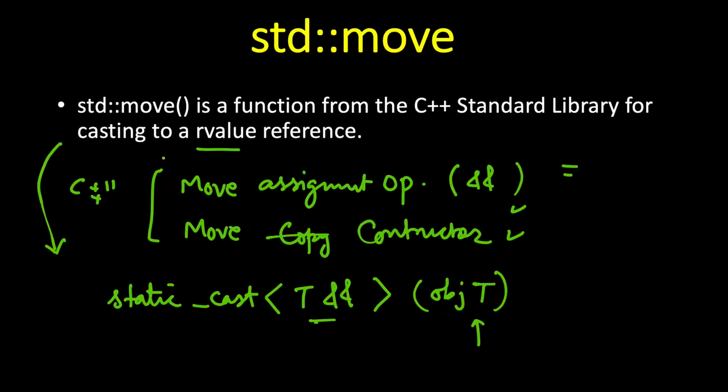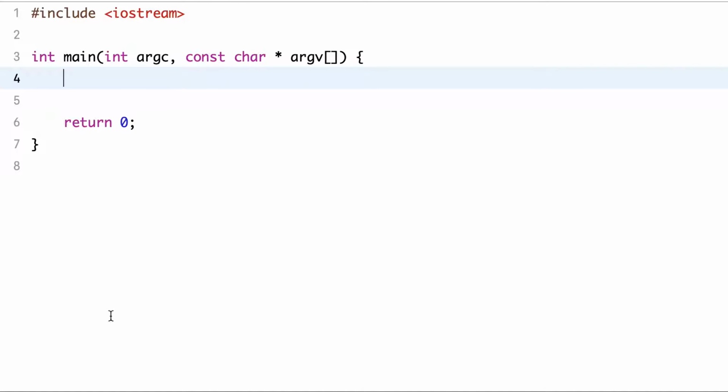In that way, it helps in preventing redundant copies which were created due to the creation of temporary objects. So let's see some practical examples of std::move with some running code.